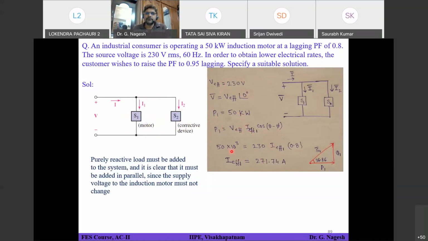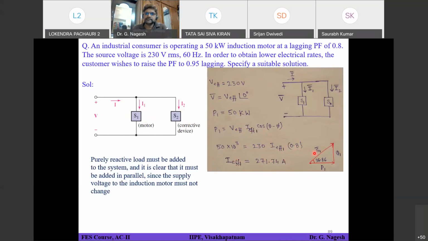So P is 50 into 10 power 3 because it is given in kilowatts, 230 volts is your RMS value, and I effective 1 into cos of this angle. So you can find out your current I1. This is one piece of information we are getting.